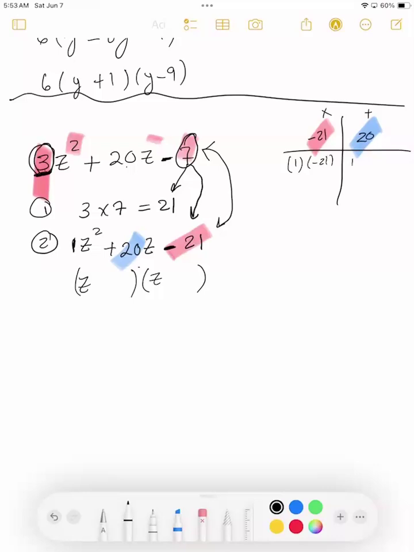If I add them, I borrowed $21, I returned $1, I get negative 20, not positive 20. How about if I go with negative 1 and positive 21? Negative 1 plus 21, you have $21, you spend $1, you have 20. So these two match, these are your factors, negative 1 and positive 21.